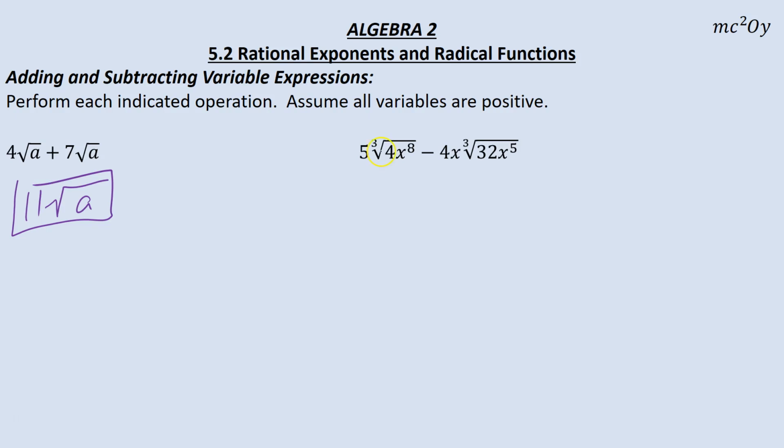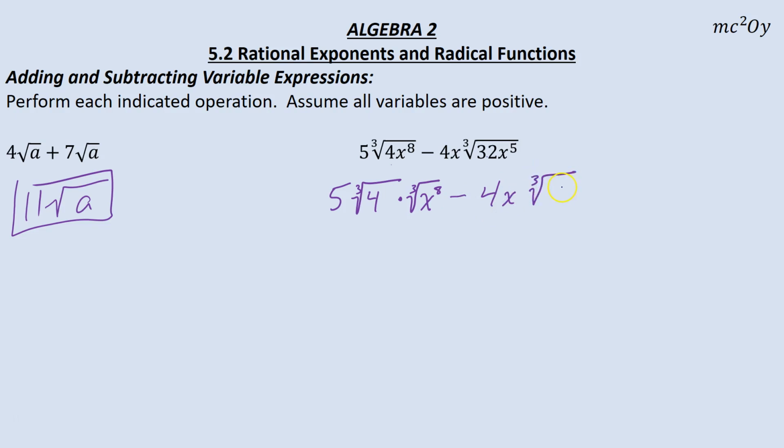So this last one, I'm taking cubed roots, but I'm not taking the cubed root of the same thing, so I can't just subtract. I can do the 5 and cubed root of 4, and I can break apart the cubed root of x to the 8th. And then I'm going to break apart everything inside the radical on the other one.